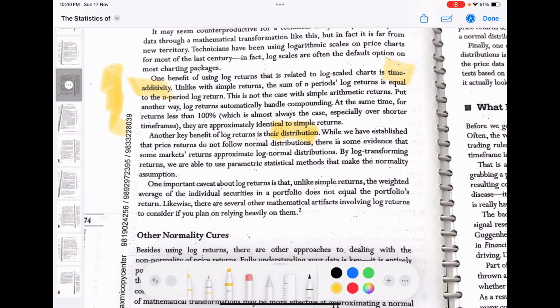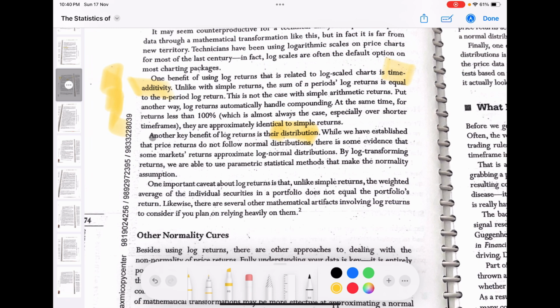By log transforming returns, we are able to use parametric statistical methods that make this normality assumption. One important caveat about log returns is that unlike simple returns, the weighted average of the individual securities in a portfolio does not equal the portfolio's return. Likewise, there are several other mathematical artifacts involving log returns to consider if you plan on relying on them.